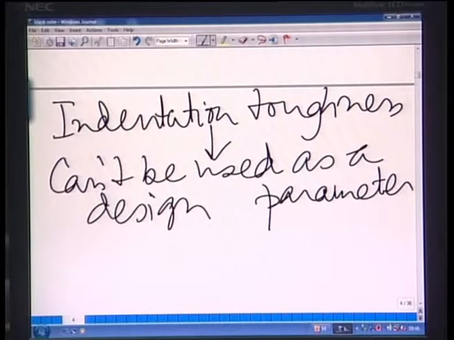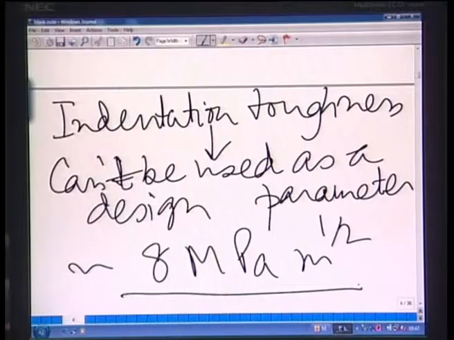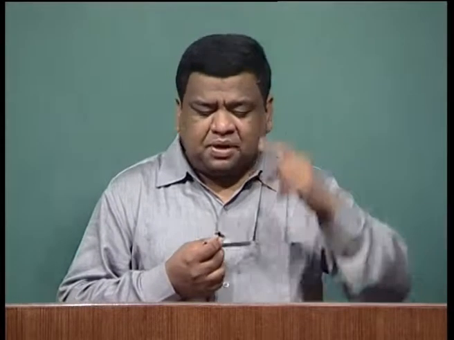What that means is, if you are getting an indentation toughness value of, let us say, 8 MPa square root meter, you cannot say that the same material in actual practice or in reality will have the same level of toughness, because short crack toughness typically overestimates the fracture toughness.